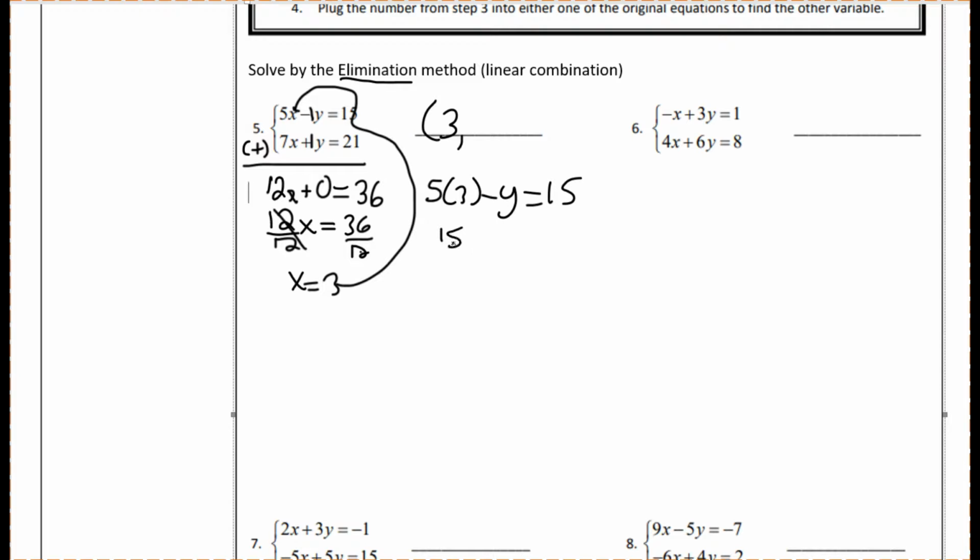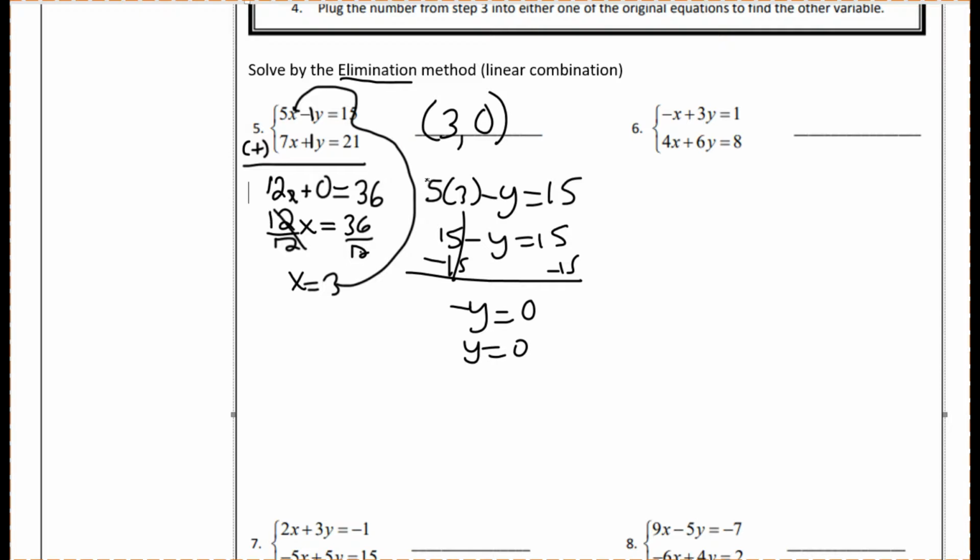So we have 15 minus y equals 15. Subtract 15 on both sides. So you have negative y equals 0, which means that y has to be 0. All right, verifying that this is a solution, if we plug in, we get 15 minus 0 is 15. If we plug it into the bottom, we get 7 times 3, so 21 plus 0 is 21. So this checks out.